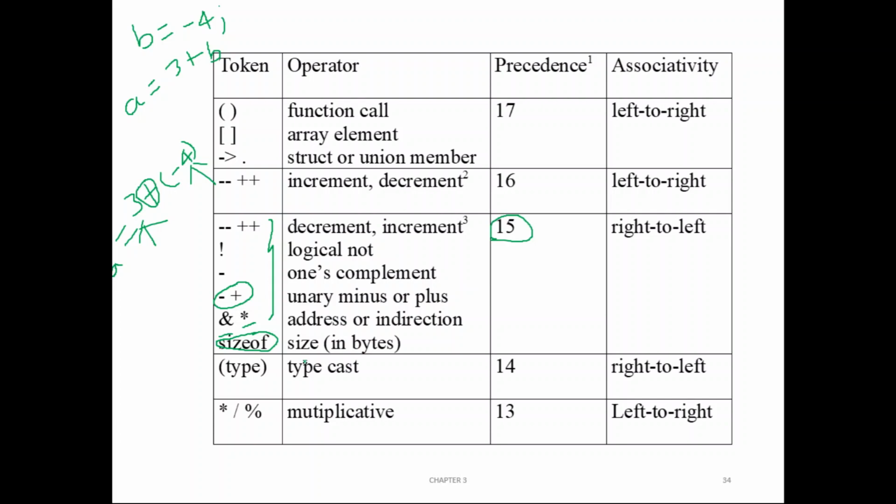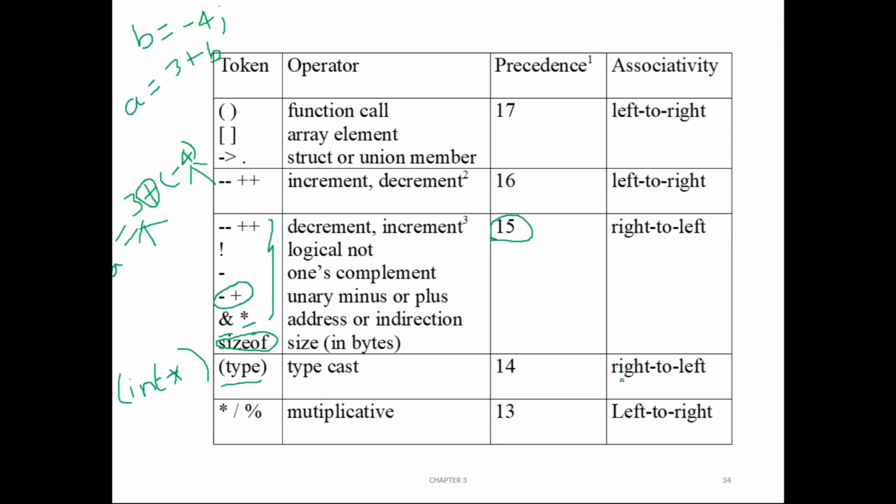And next comes typecasting. In typecasting, we convert one data type to another data type. Even with malloc, we write like this: int star, then malloc. That's a typecasting. You are converting it to an integer pointer. So typecasting has the next highest priority of 14, and if an expression contains more than one typecasting, that will execute from right to left.